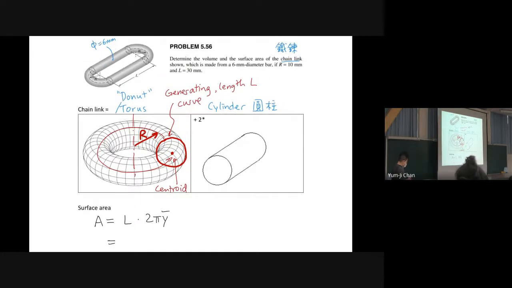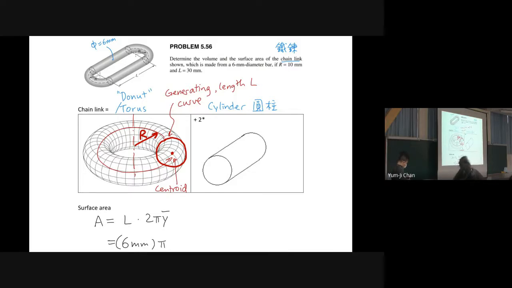Because the diameter of the bar is 6 millimeters, the length of this generating curve is 6 millimeters times pi, right?